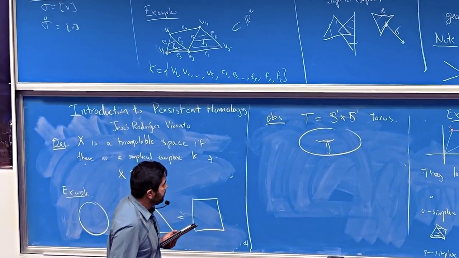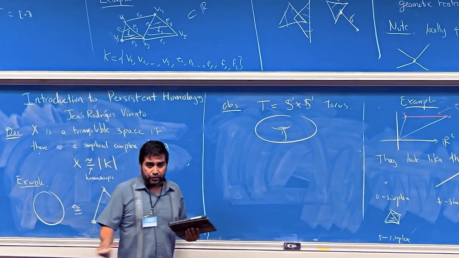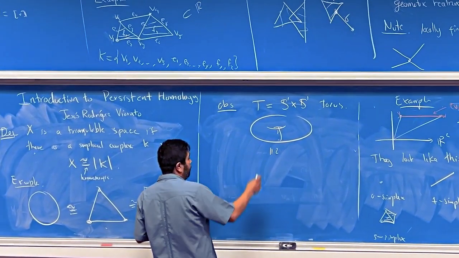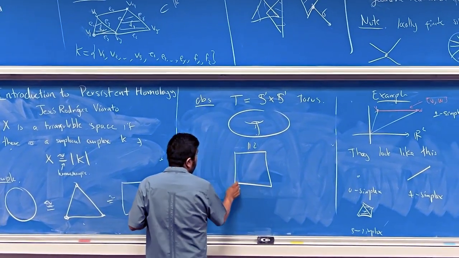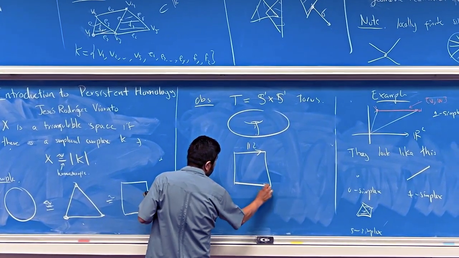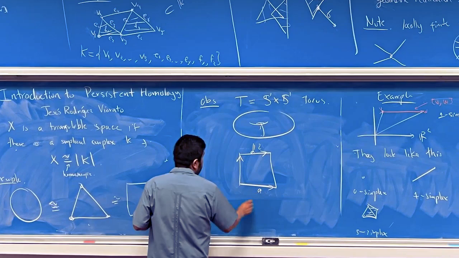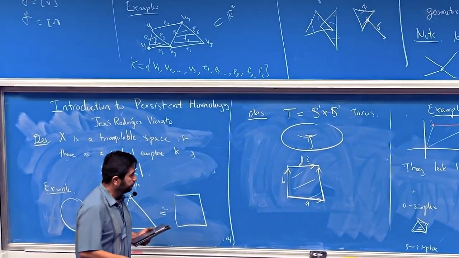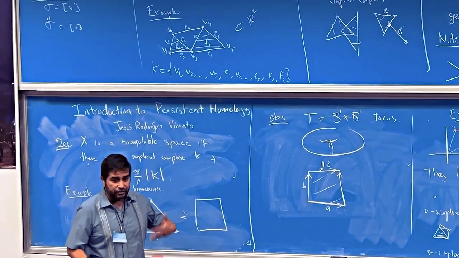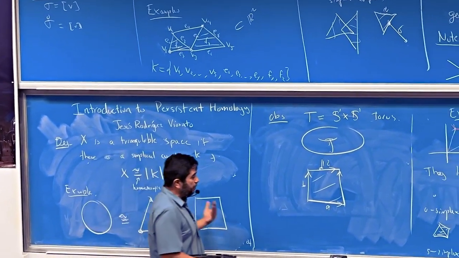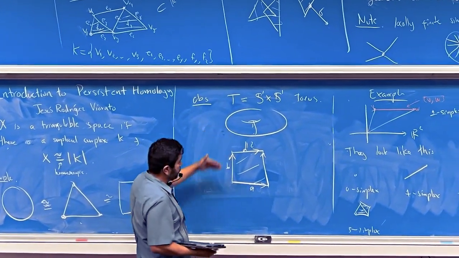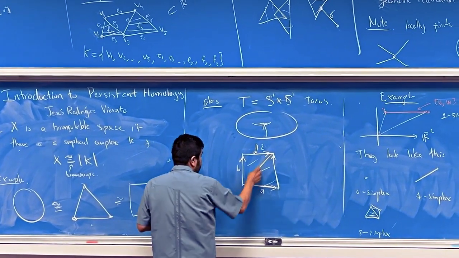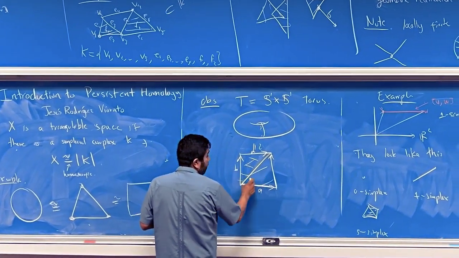We can try to give a triangulation to this thing, a simplicial complex structure. One way of doing it: remember, the torus can be seen as a square, identifying these two sides and then identifying these other two sides. So if we want to give a simplicial complex structure to this, we might think that dividing by the diagonal will give us two triangles.